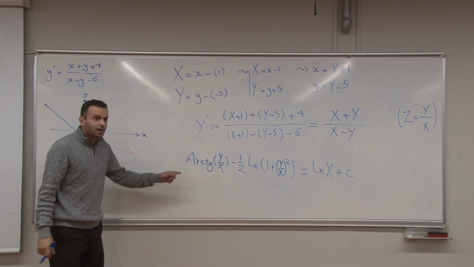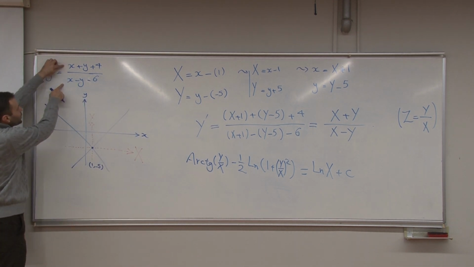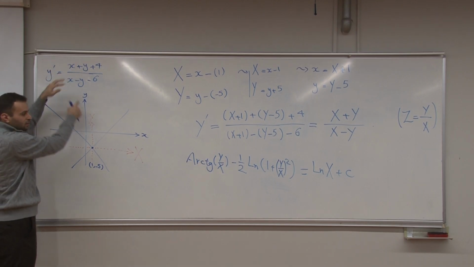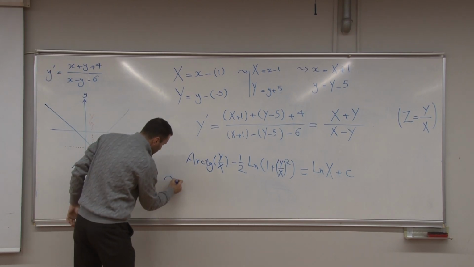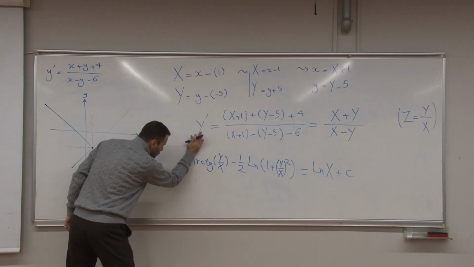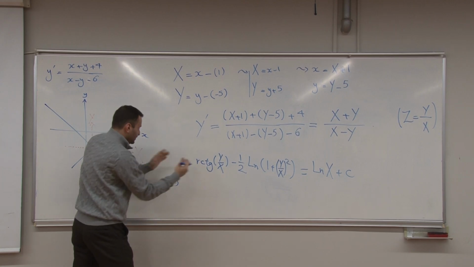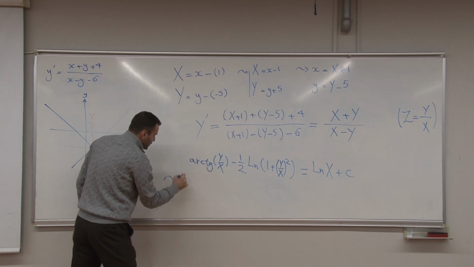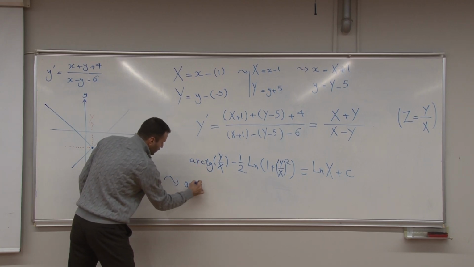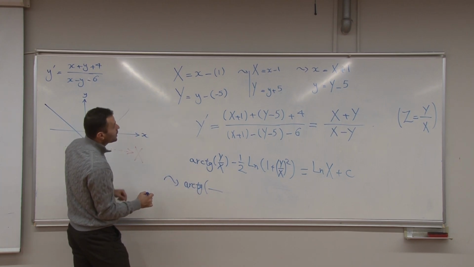Okay. Are we done? No, we're still not done, because our problem is in small x and small y. So what we need to do is translate everything back. I think I also write capital A. Arctangent of, what is our capital Y?